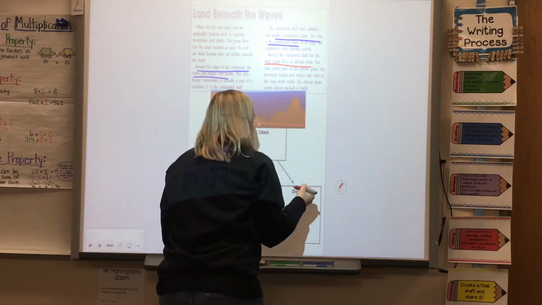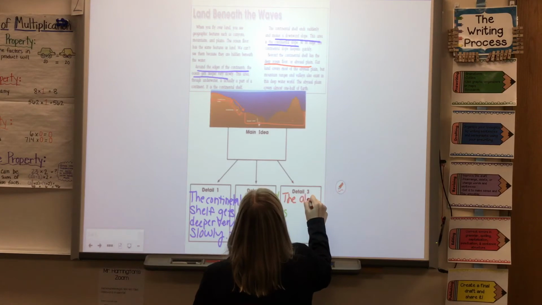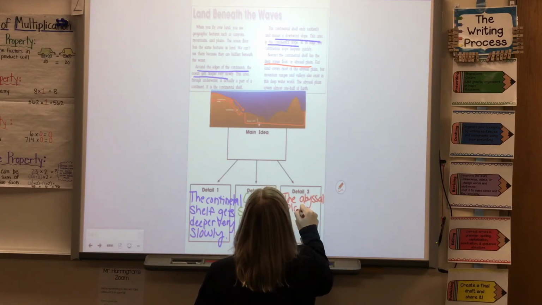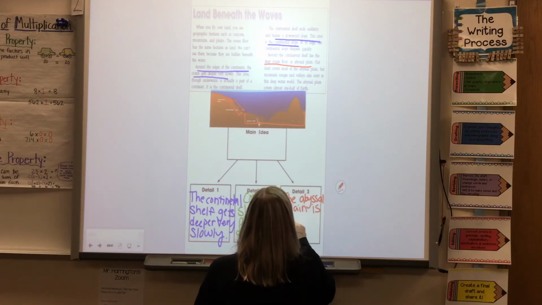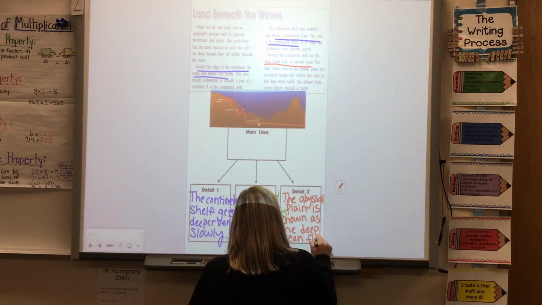So that's what I'm going to write for my detail 3. The abyssal plain is known as the deep ocean floor.